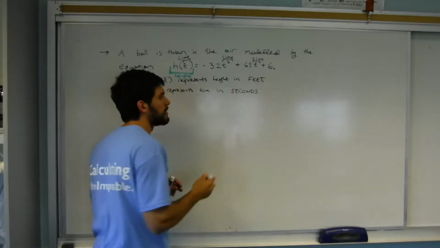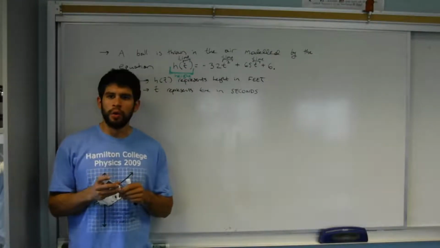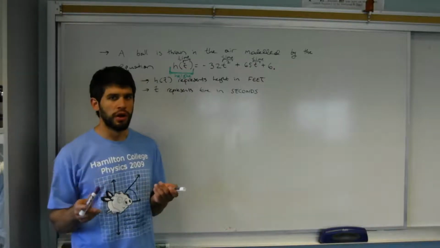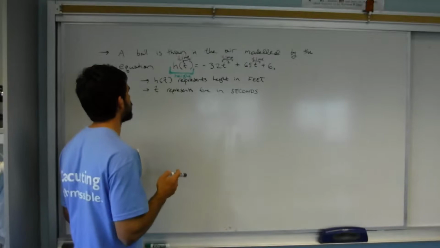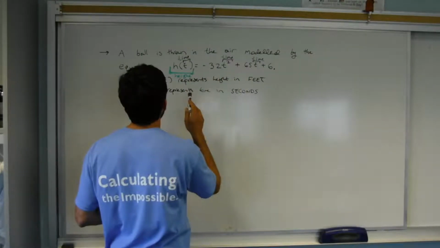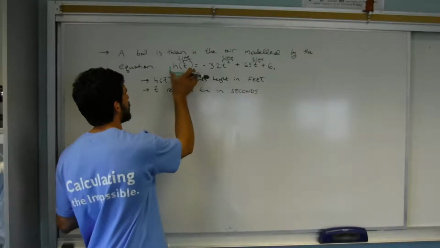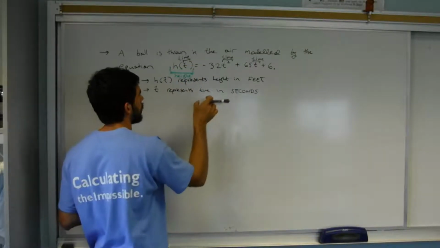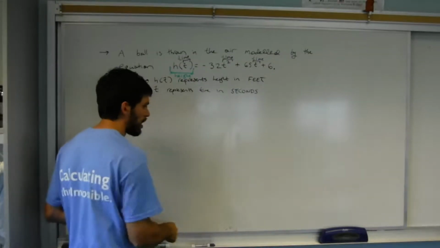Depending on what information we're given in the problem and what we want to solve for, we're going to substitute in a value for either the time or the height. So we're going to substitute for either h of t, this entire thing, or just the t values.